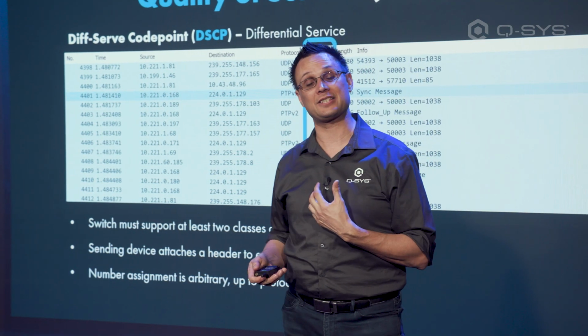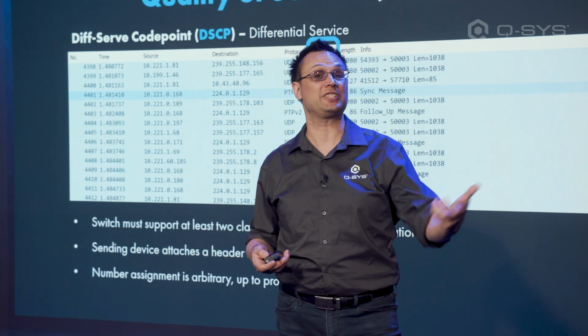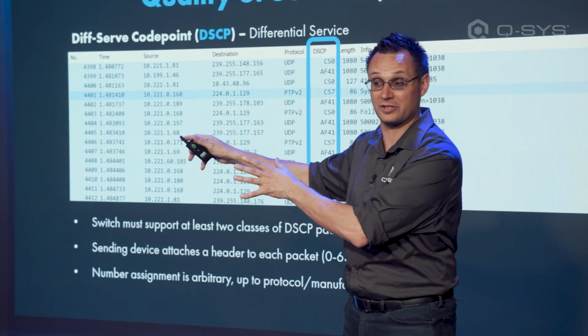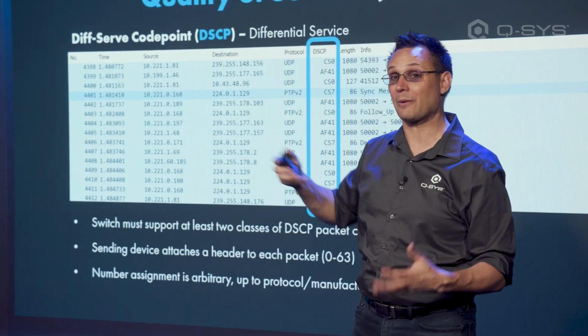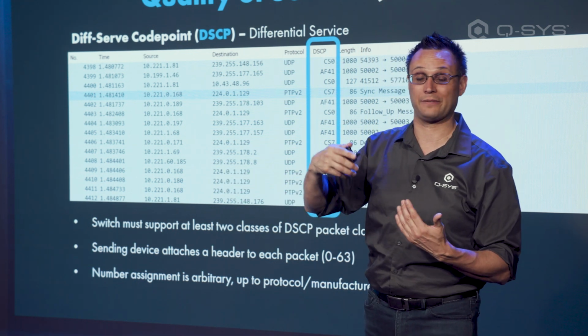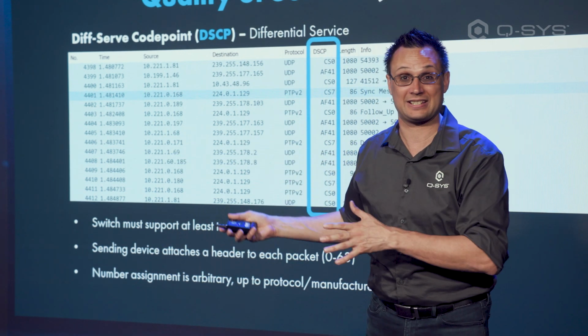For instance, we assign our clocking packets, which is really important, at number 46, whereas another manufacturer may set their clocking packets, which is also very important, to 56. Well, now we're going to get into a problem where their clocking packets will be delivered before ours, and what if ours is now sent out at the same speed as their audio packets? That's what we're going to see on the next slide.